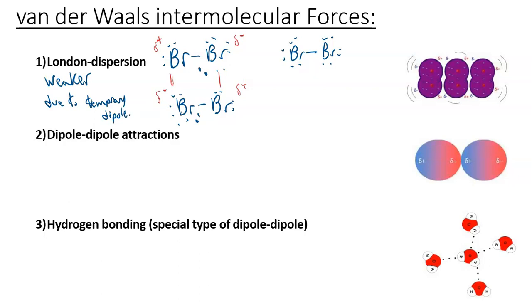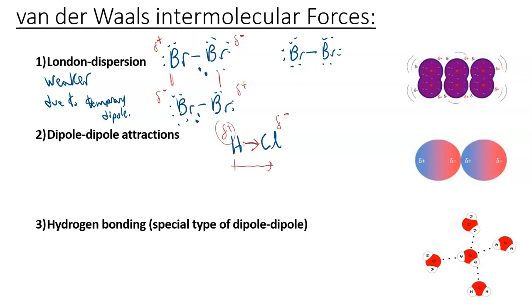Okay, so our second type of intermolecular forces we talk about in general chemistry is dipole-dipole attractions. Just like if we had, for instance, HCl. That's quite polar. It's quite a polar compound. Because of the electronegativity difference between these two, this is a polar molecule, with a delta positive on the hydrogen and a delta negative on the chlorine.